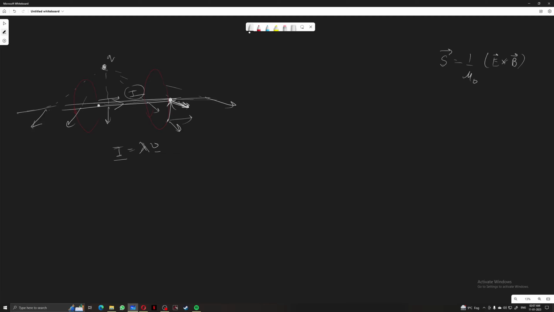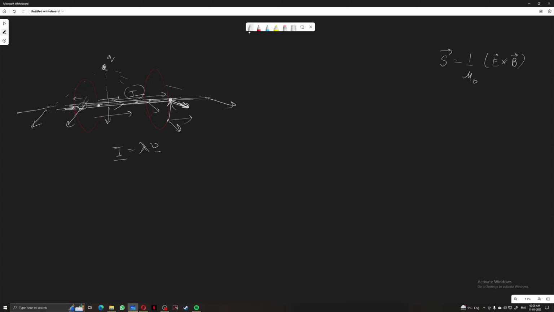And if you want to maintain this constant current, you have to do some work against this field, because if you are pushing in this direction, you are feeling an electric field in the opposite direction. Once you reach this point, you're feeling an electric field in the same direction. So if you leave the charge by itself, it will either decelerate or accelerate depending on where it is. But if you want to maintain this constant smooth flow of current, you have to locally give some energy or take out some energy so that the charge can move in a constant fashion.